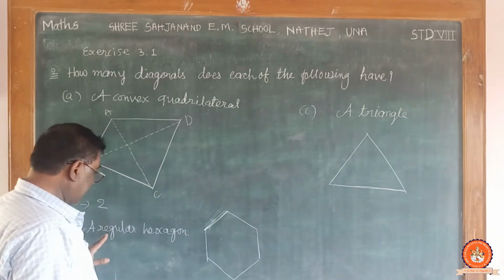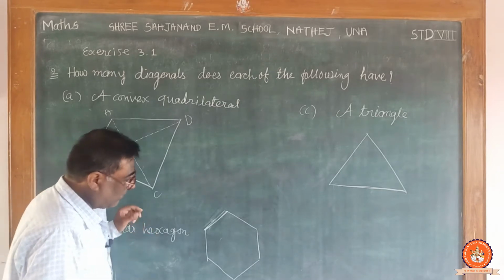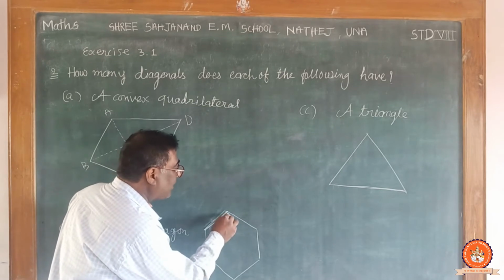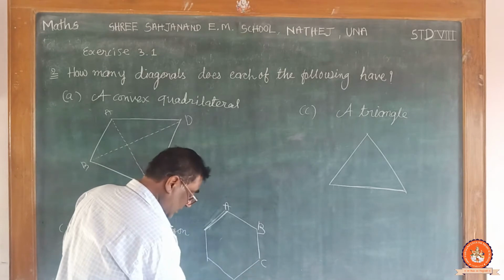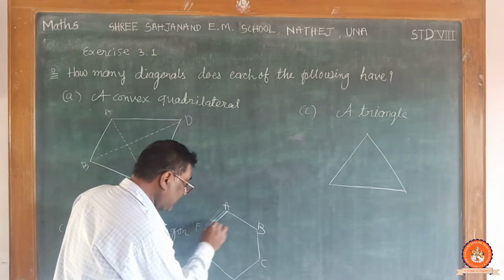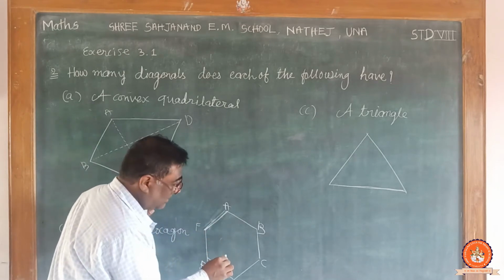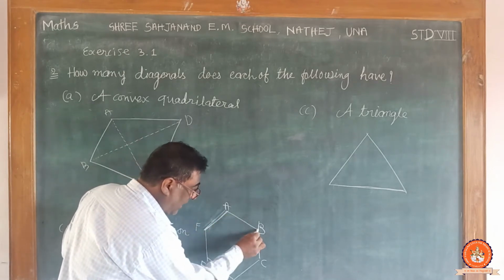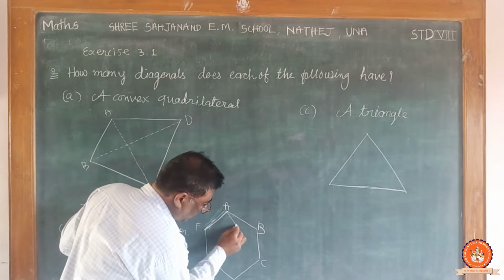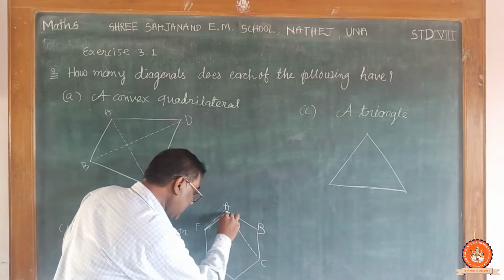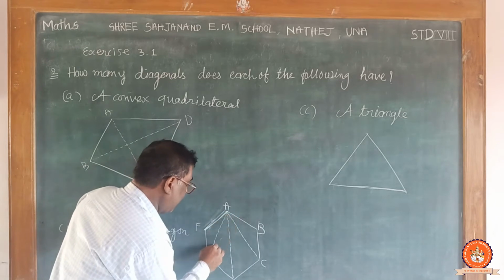Let us form the diagonals, starting with A, B, C, D, E and F. We have to join two non-adjacent vertices, so we cannot join A and B, or A and F. The first is AC, then AD, then AE.